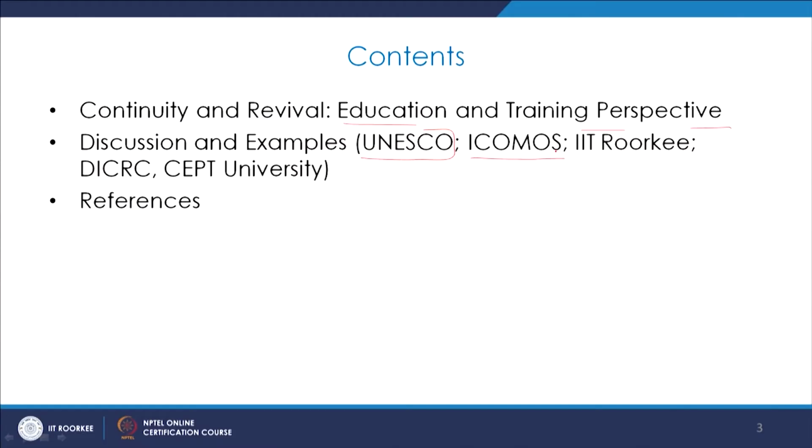Then we have some guidelines from ICOMOS, and then some examples from IIT Roorkee and again the DICRC at CEPT University, where they have tried to explore this component through certain workshops and enhance the skills of the craft persons and empower them.